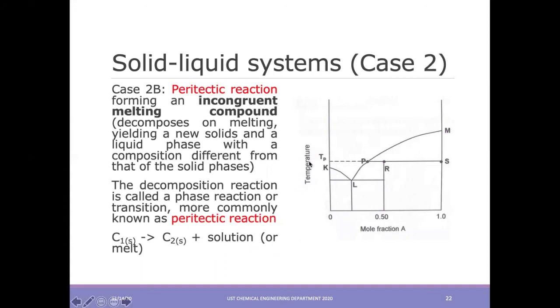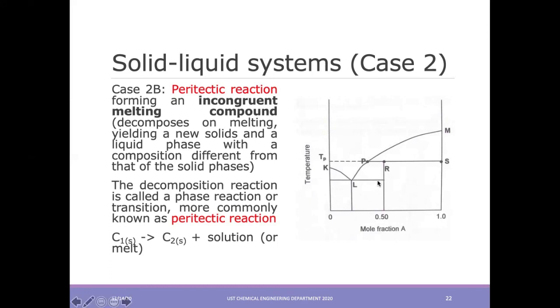The typical phase diagram for a system which involves a non-congruent melting compound is shown below. Point P here is the peritectic point. Recognize that the solution P here is in equilibrium with two solids, A and AB, which means at the peritectic point we have three phases.